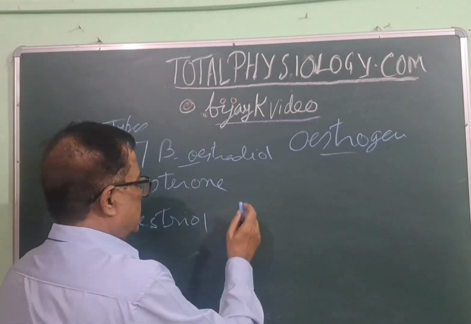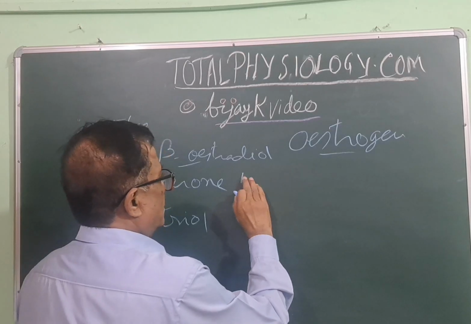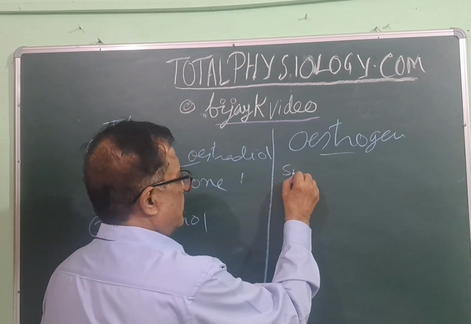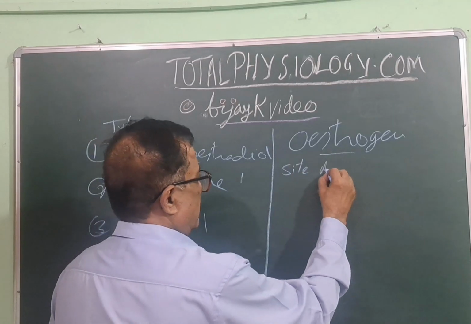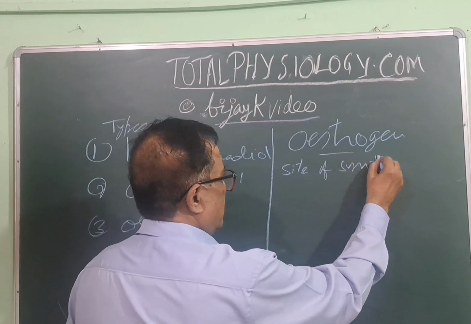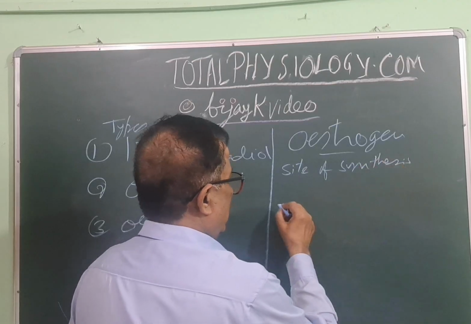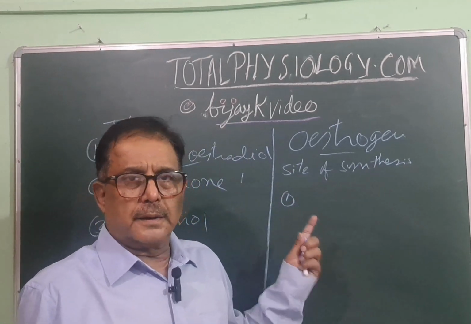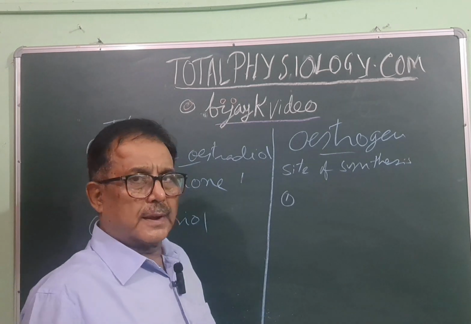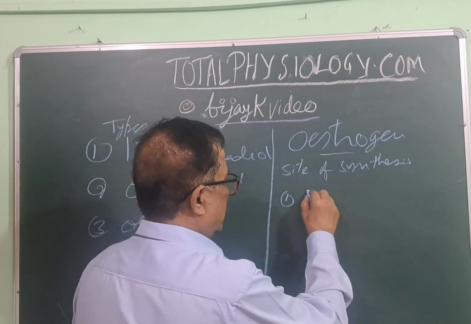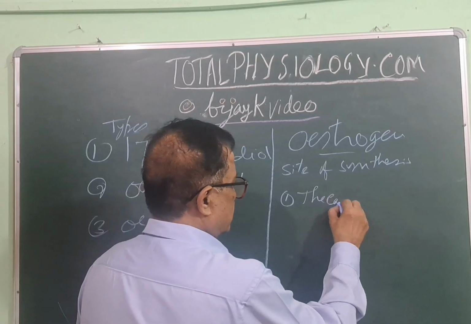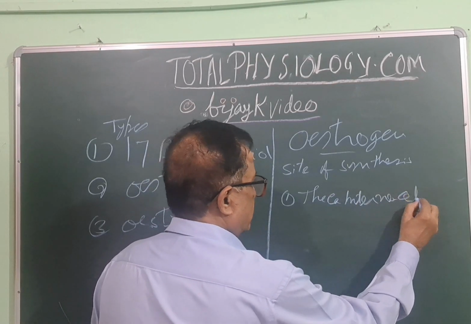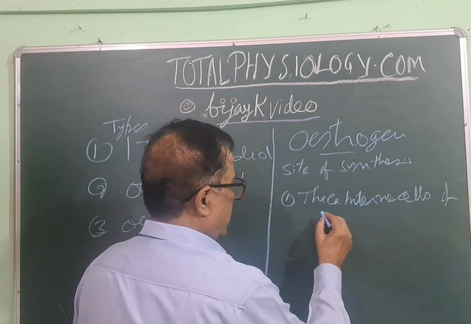Now coming to site of synthesis. Number one, theca interna cells, the internal cells of the Graafian follicle.